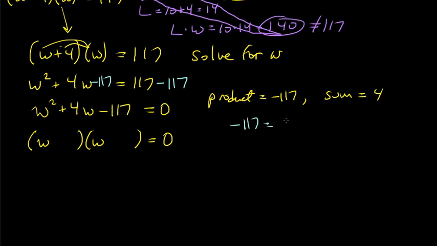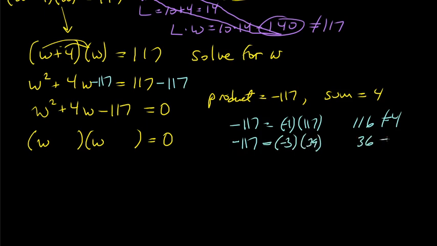So negative 117, let's try negative 1 and 117. That adds to 116, not 4. So that doesn't work. 117 is not an even number, so we can't divide by 2, but we can divide by 3, and we get 39. That adds to 36, still not equal to 4. So we know we're not going to be able to divide by 4 or 5 or 6.